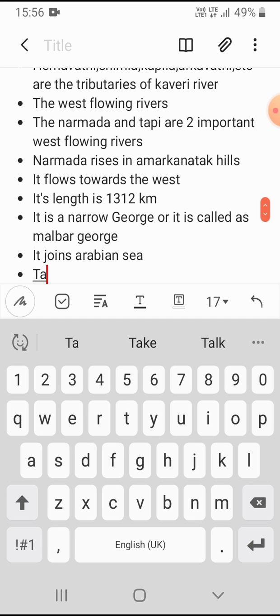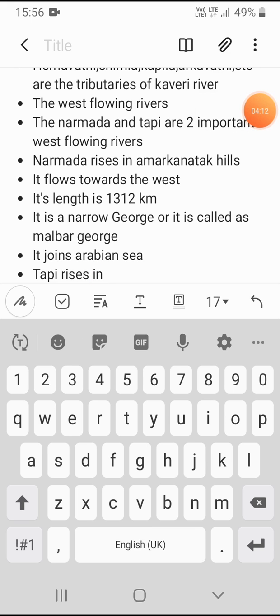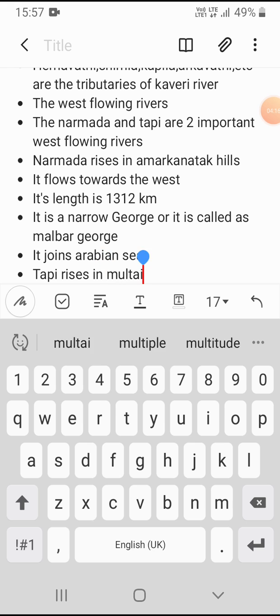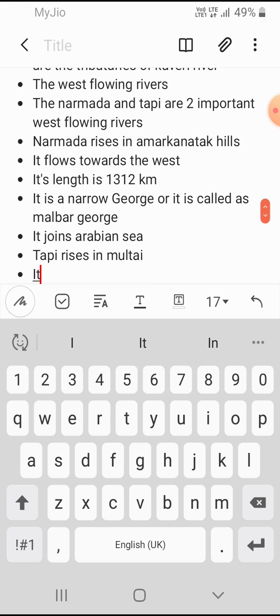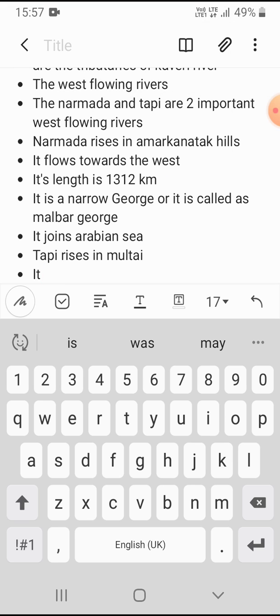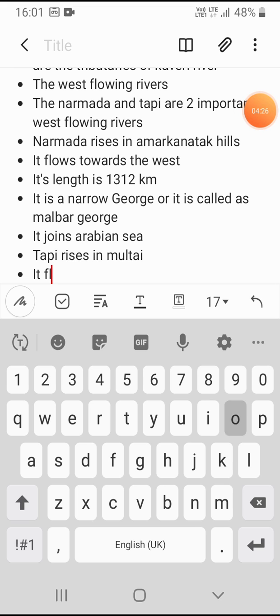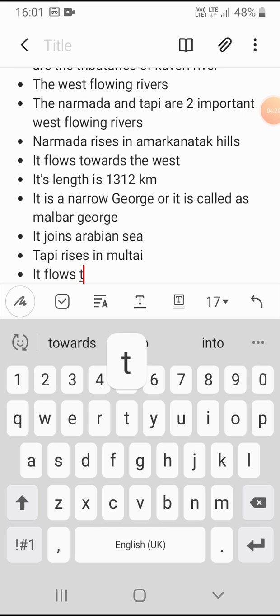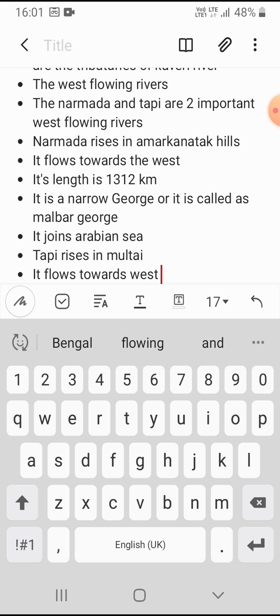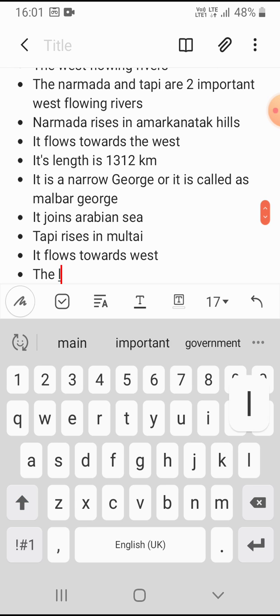Next is Tapi river. Tapi rises in a place called Multai, and it flows towards the west.